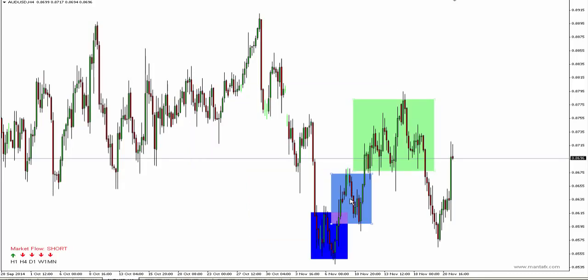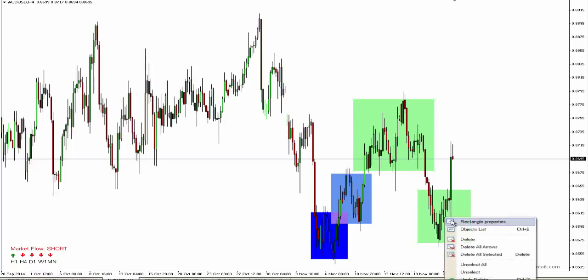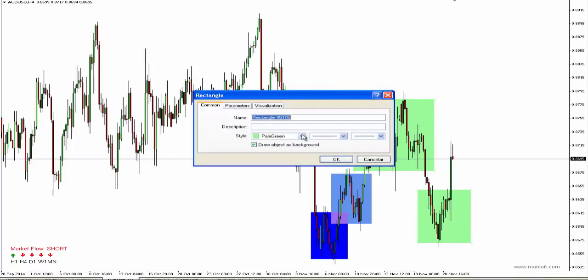So this first consolidation breaks out, retests it, goes back up, then goes down again, and then it consolidates down here at the moment for a while. Let me just make it a different color.